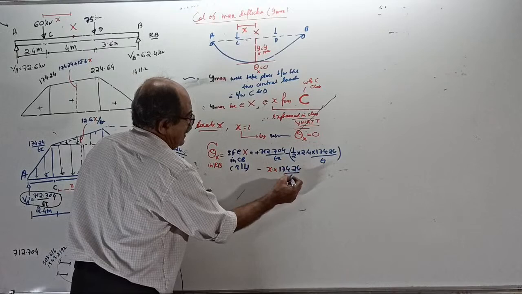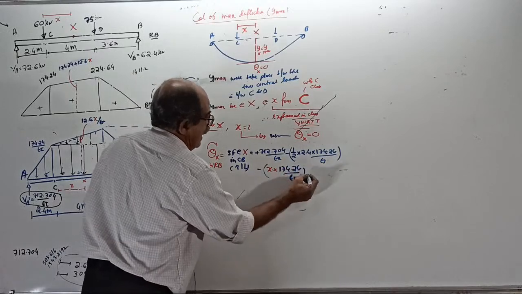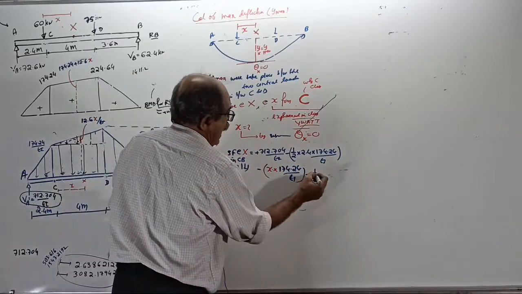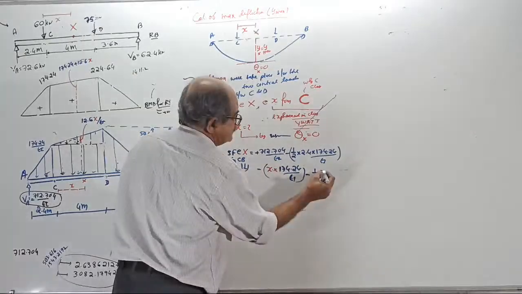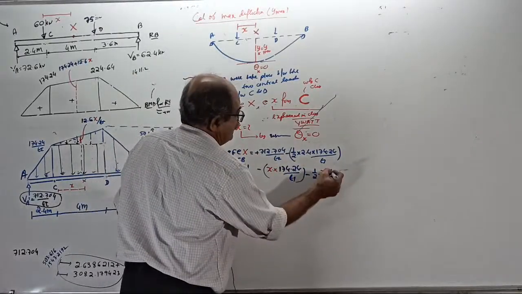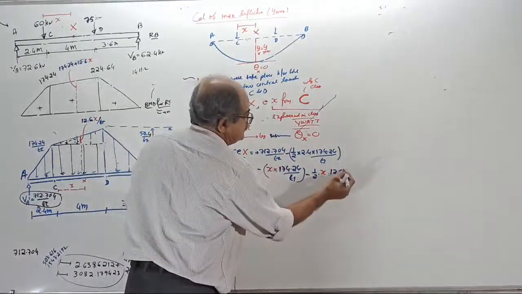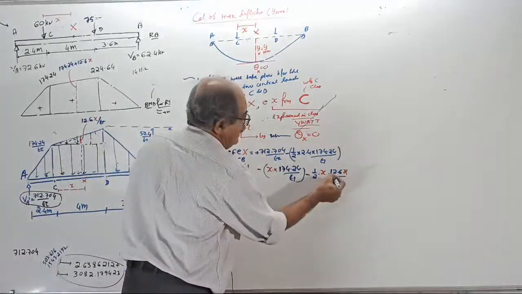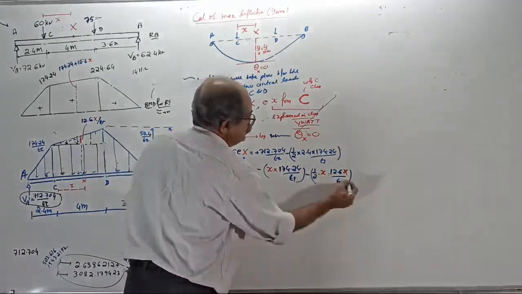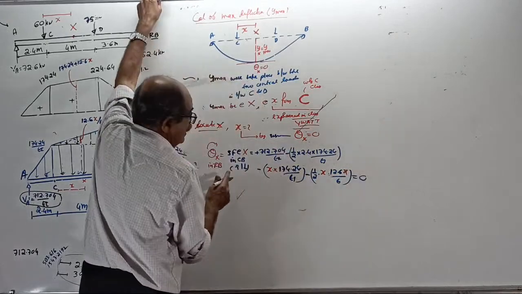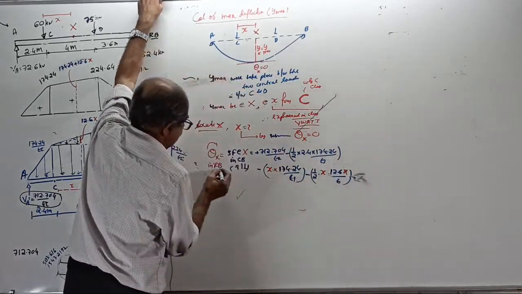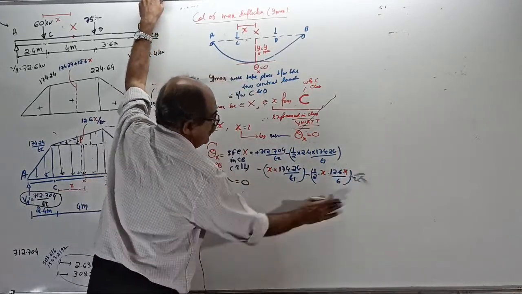174.24 by EI rectangle, also minus half into x into 12.6x by 6 divided by EI is the shear force equal to 0. Okay, this is shear force, but theta x equal to 0. So equate.